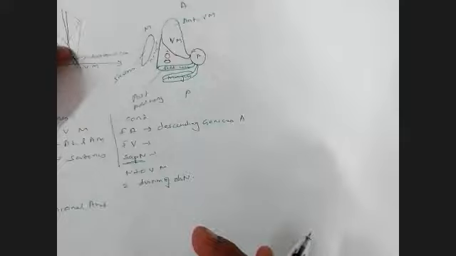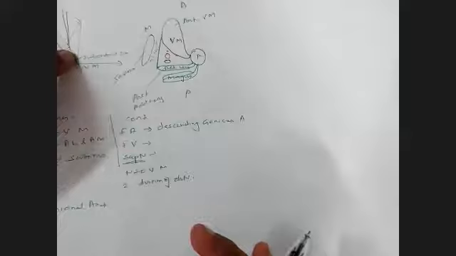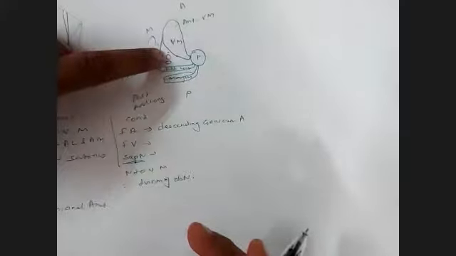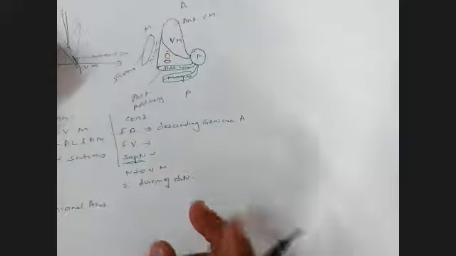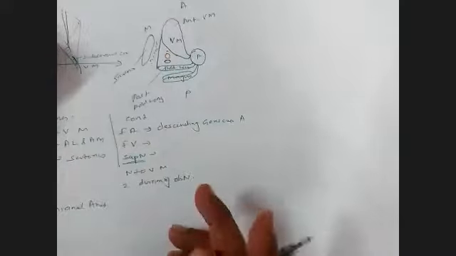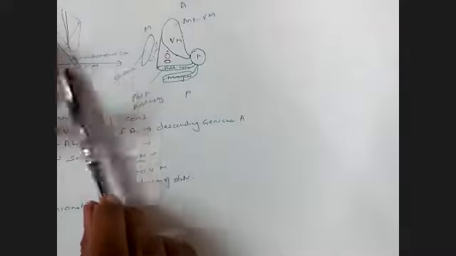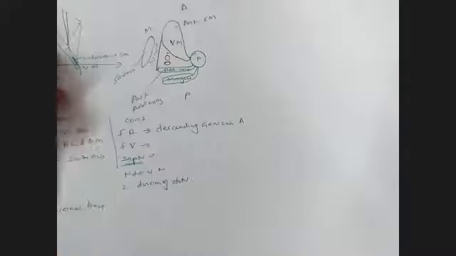Take a cut here, and below the sartorius, which is forming the medial boundary, immediately here we find the femoral artery for ligation. But then the perforating arteries, lateral circumflex femoral arteries, and all this anastomosis with the descending genicular arteries will continue the circulation to the lower parts of the lower limb.